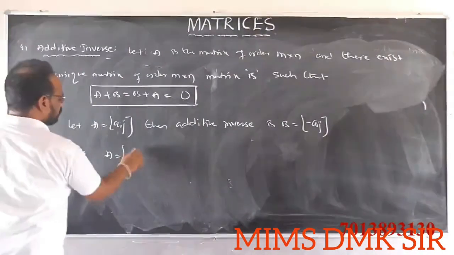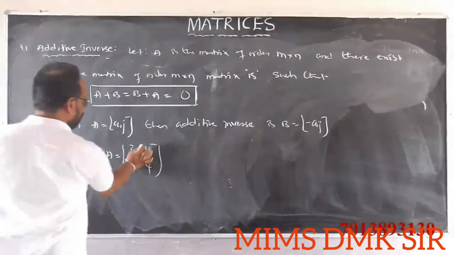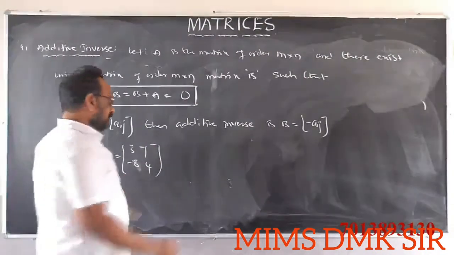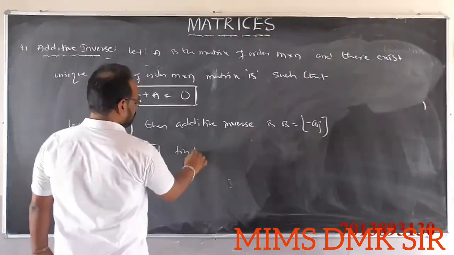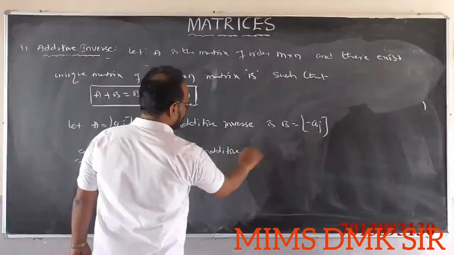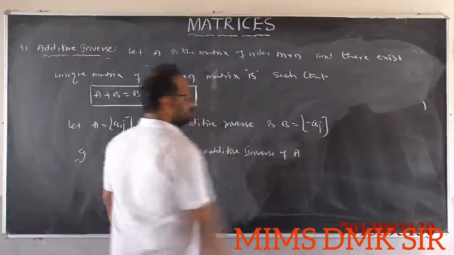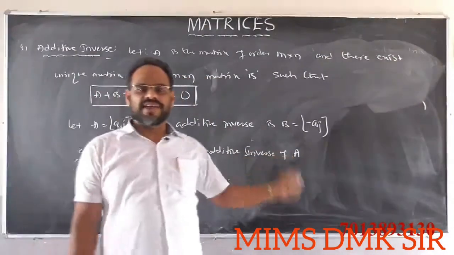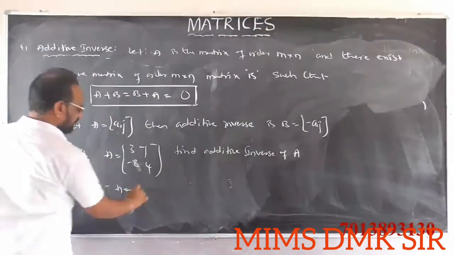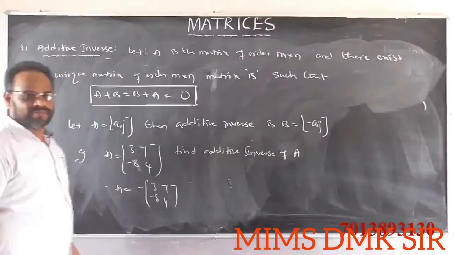If A is equal to [3, 7; minus 8, 4], we want to find the additive inverse of A. Clearly, the additive inverse of A is minus A. That is minus times [3, 7; minus 8, 4].